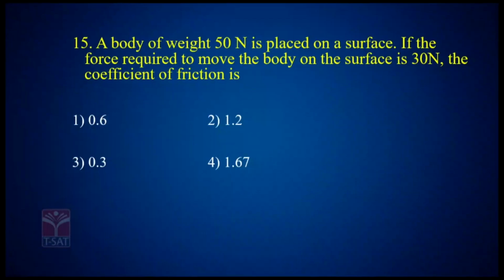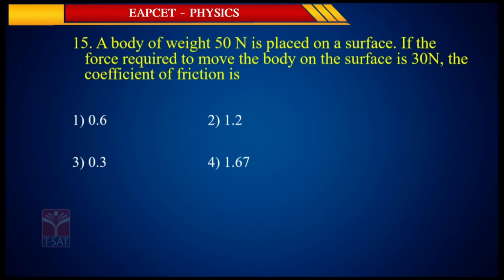EAPCET examination physics. Now you see on the screen: a body of weight 50 Newton is placed on a surface. If the force required to move the body on the surface is 30 Newton, the coefficient of friction is?